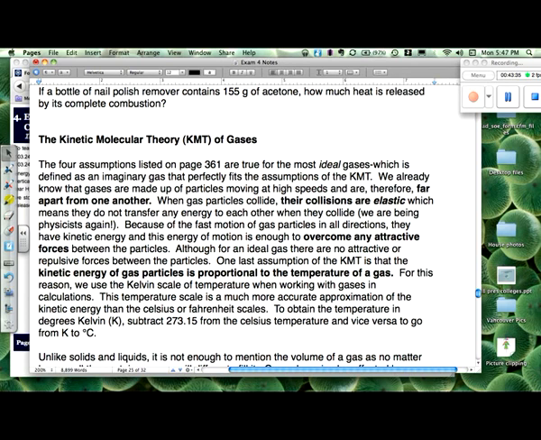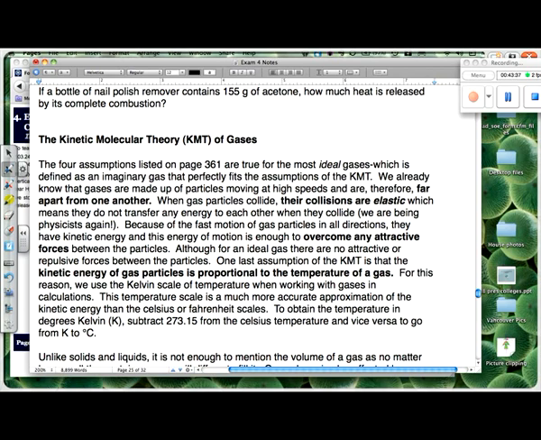So we know that gases in general, the particles are very far apart from one another. That's pretty much what makes them gases. They're moving at high speeds, and that keeps them pretty far apart. They're low density, they're compressible, and the reason that they have a low density and they're compressible is that their particles are far apart.